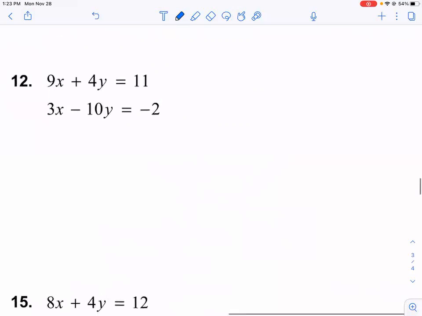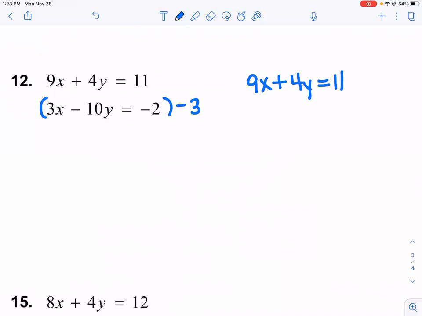So I'm going to rewrite 9x plus 4y equals 11. And if we multiply this second one by a -3, we would have -9x plus 30y equals a +6. Please make sure that -3 gets distributed to all 3 of your terms.